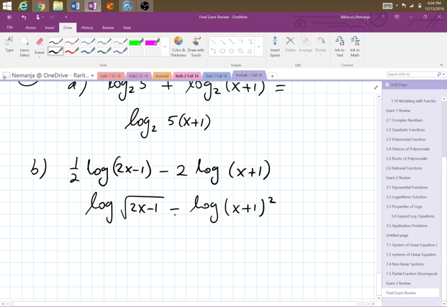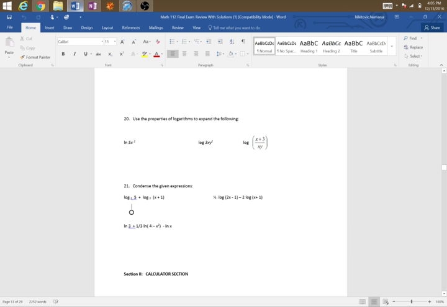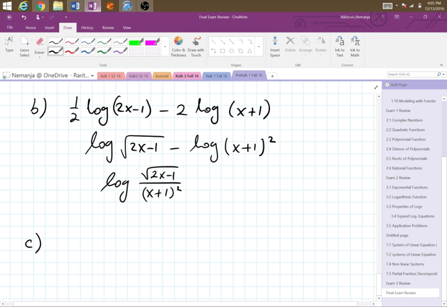And then the subtraction goes into division of arguments, good. Done. See? There's nothing else you can do. There's no need to expand.